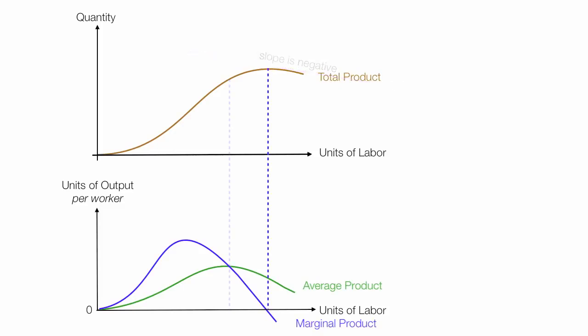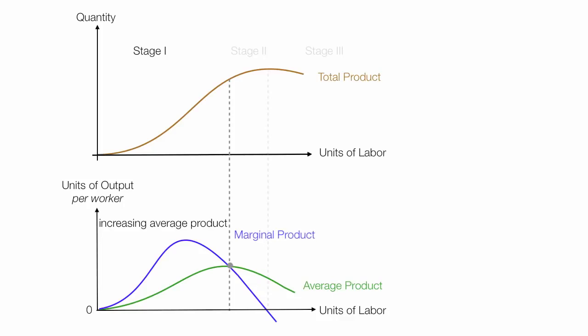So now I have 3 distinct regions, or stages. I have stage 1, which is the first part there, stage 2, and stage 3. Stage 1 is increasing average product, where marginal product is greater than average product.